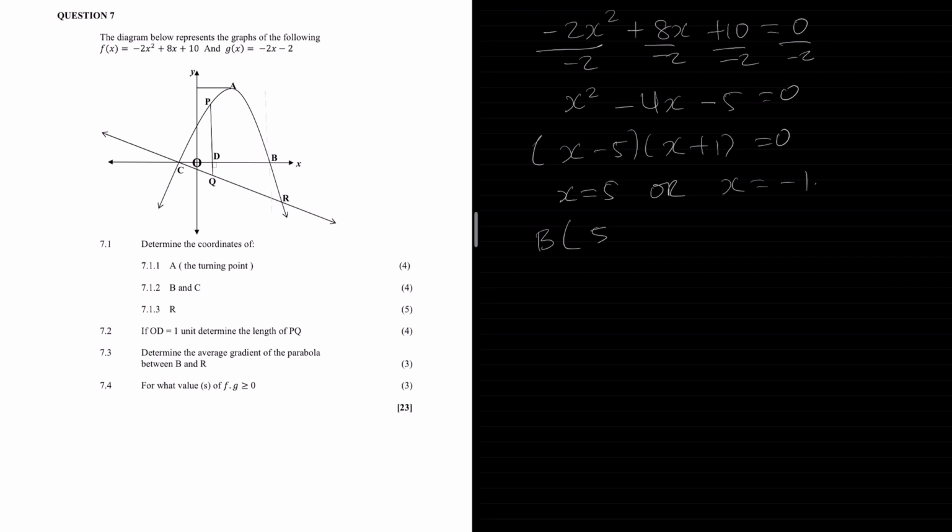So that's going to be x squared minus 4x minus 5 equals 0. We can factorize as x minus 5, x plus 1. Then use the zero factor rule. x is then equal to 5, or x is equal to negative 1. So they want B and C. So B will be 5 and 0. C will be negative 1 and 0.